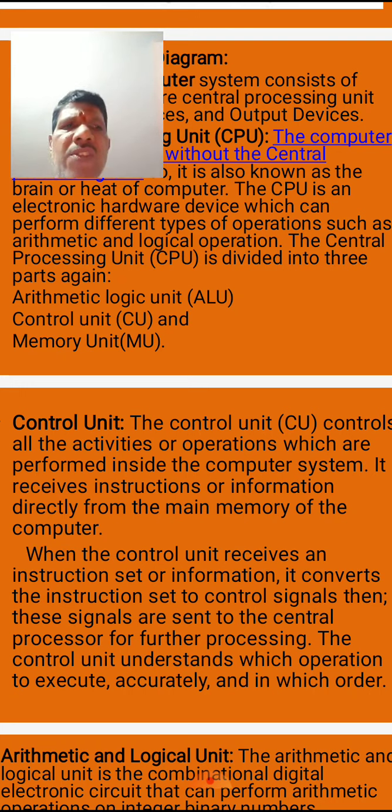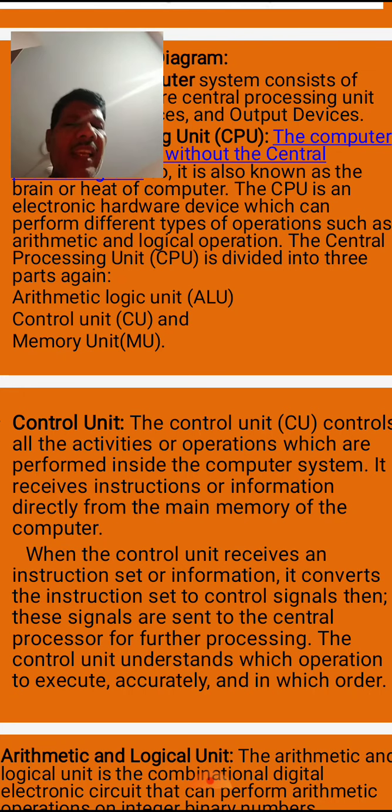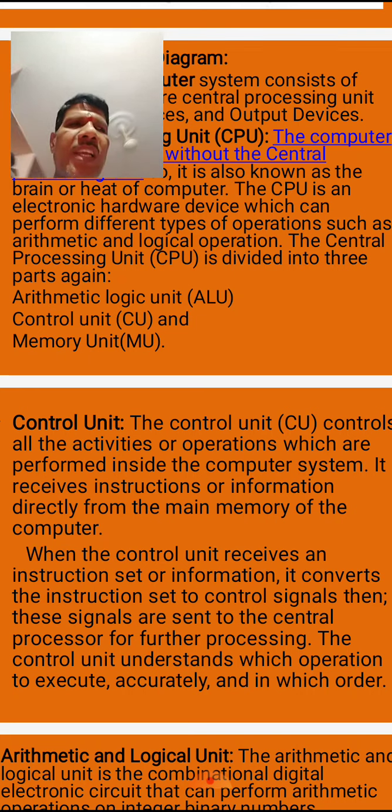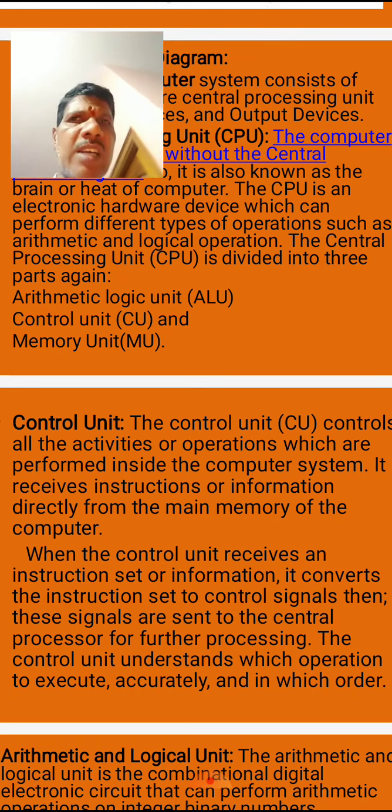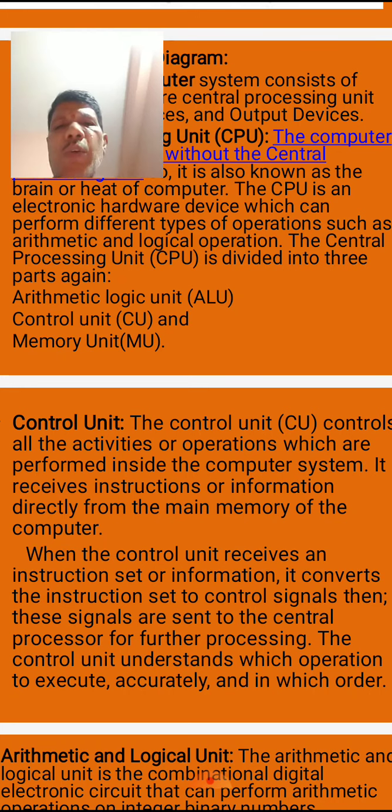But the instructions are taken from the input devices through users. Only based on the instructions can the computer process. Such a process is done by taking instructions from input devices and processing, then providing output.